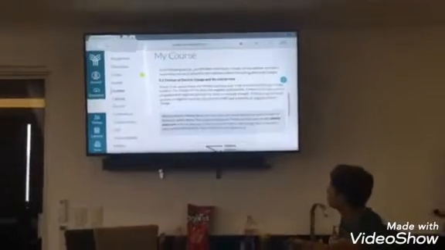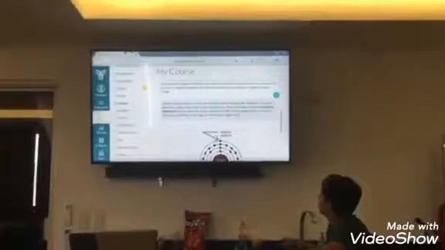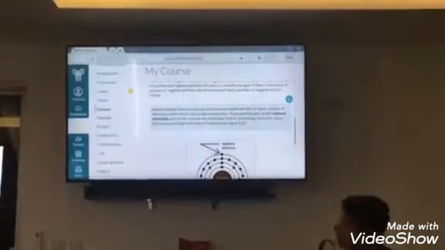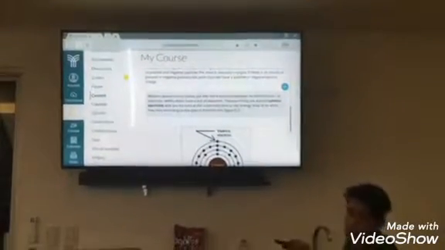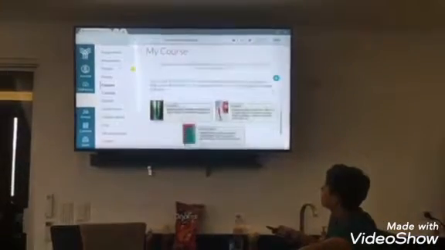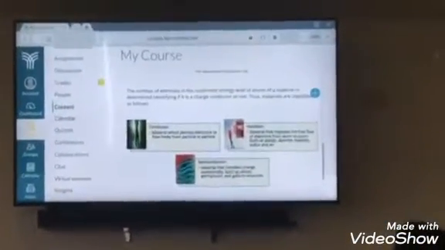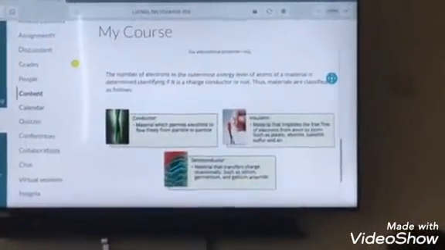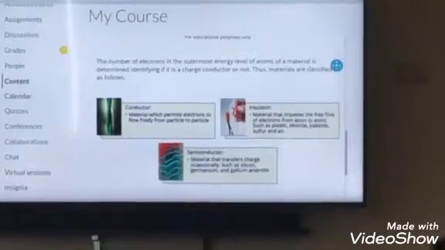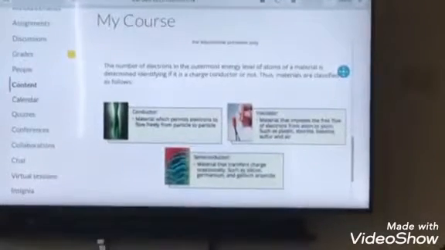The valence electrons define the energy level of an atom, the last energy level, and they vary according to the type of material. Then here we have three types of electronic materials. First one is the conductor, that is the material which permits the electrons to flow freely.